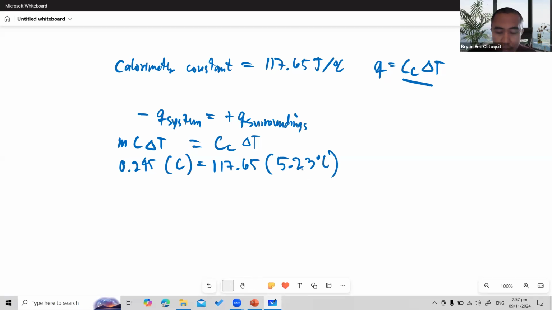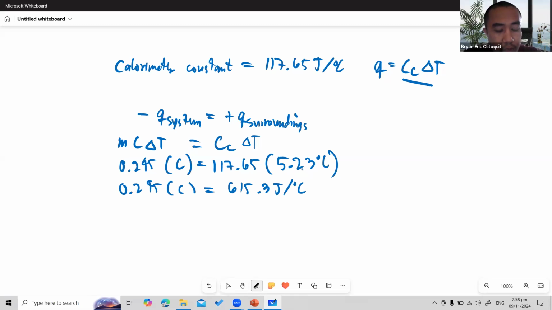So, ayan. Based dito, the heat that was released by the system is equivalent to 117.65 times 5.23. You have here 615.3 joules.